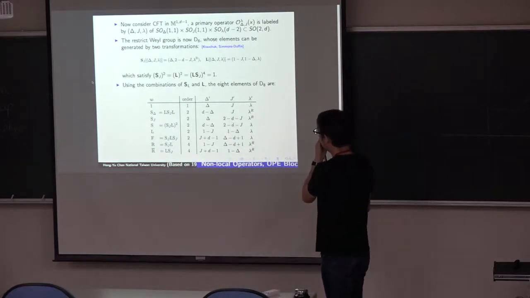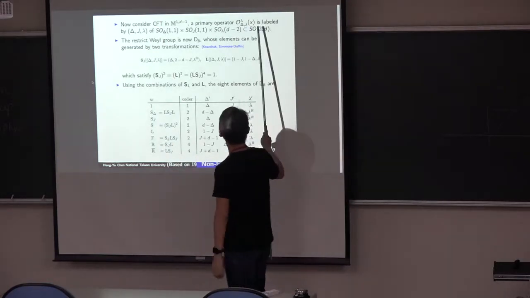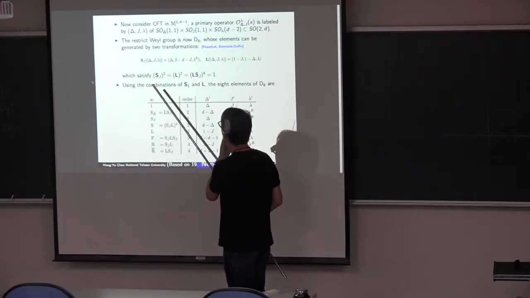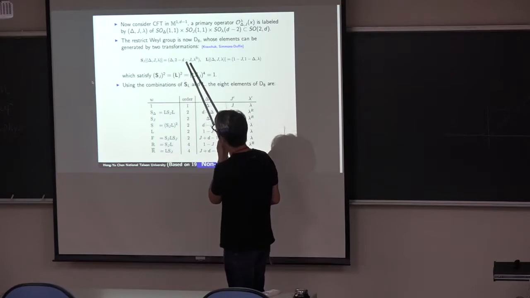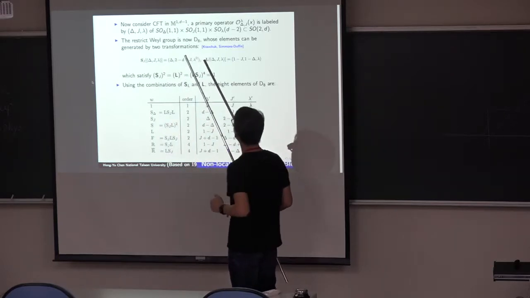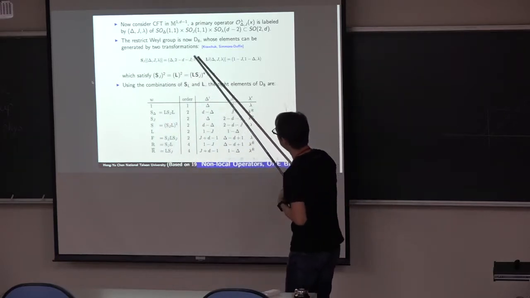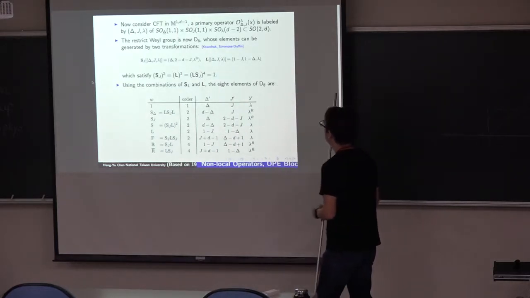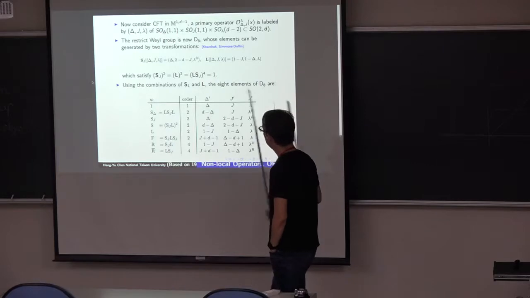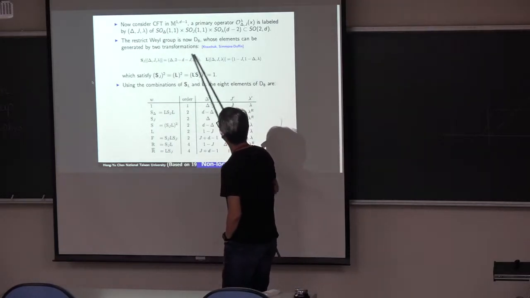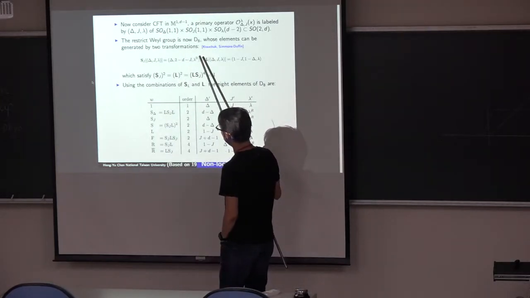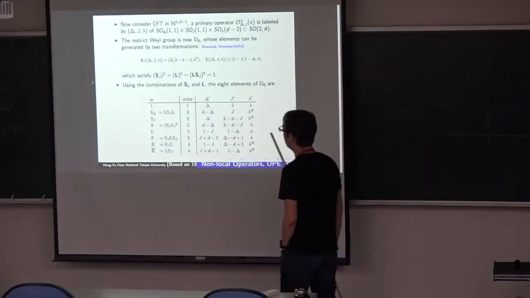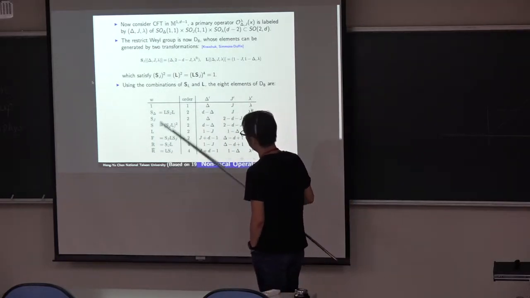Okay, but the biggest difference between SO(2,D) and SO(1,D+1) is that the restricted Weyl symmetry group is now the dihedral group D4, with 8 different elements. Those elements can be generated by two transformations acting on the labels of the representation.